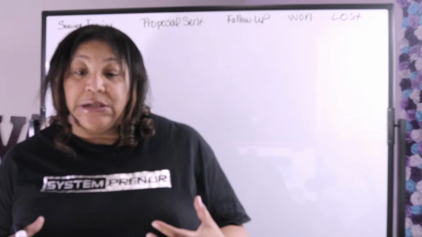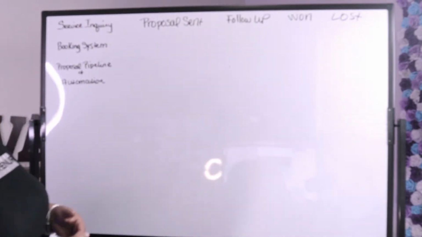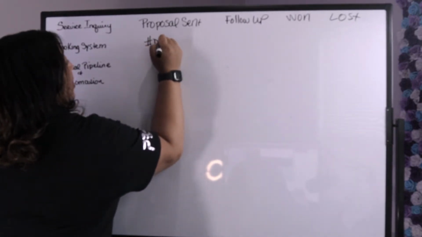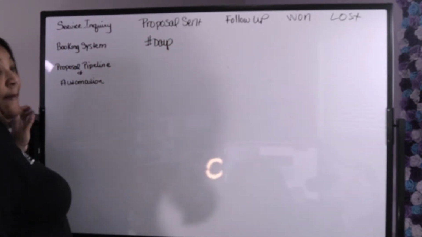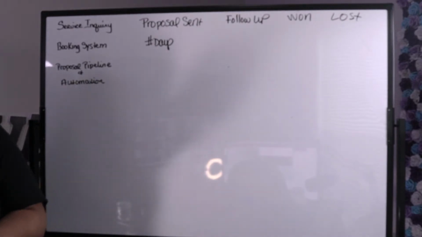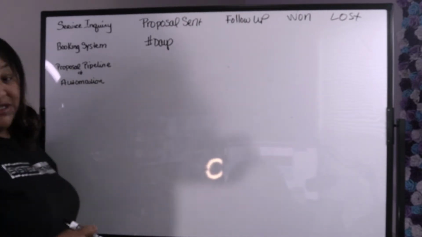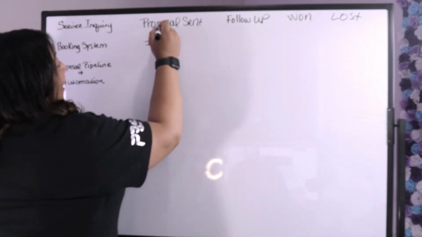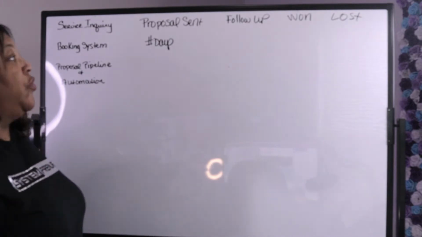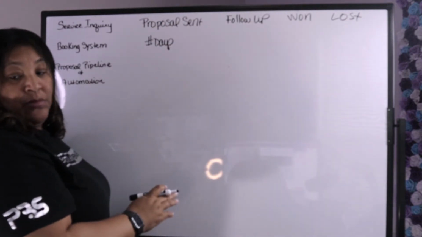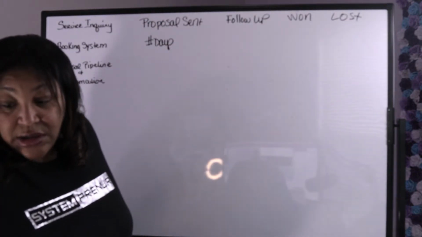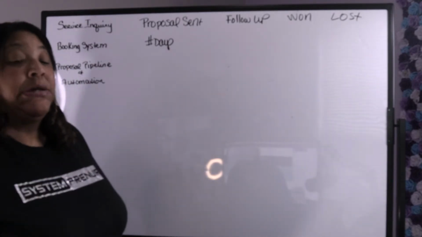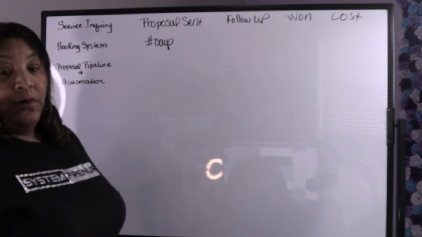With the proposal sent, you need to figure out how many days am I going to follow up with this process, right? How many days after I send the proposal do I want to follow up? Because we can automate this. It does not have to be a person reaching out.